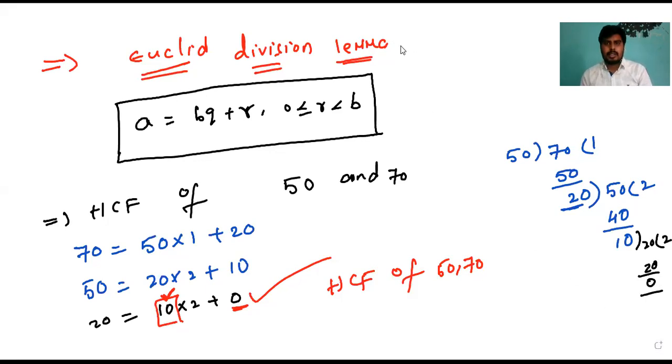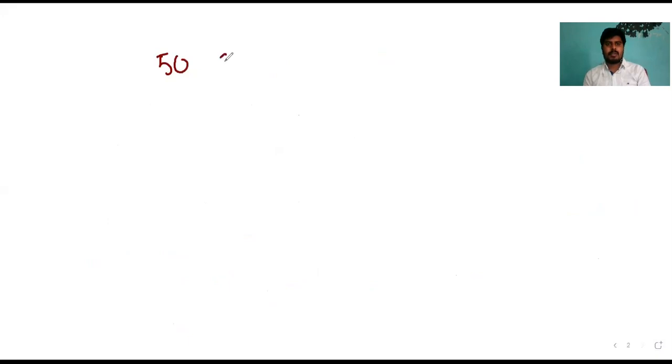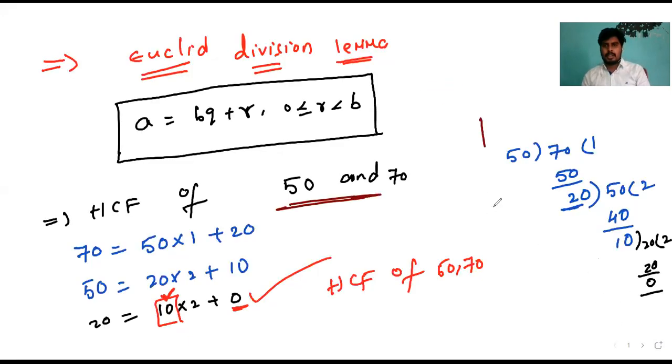Right now, to find the HCF of 50 and 70, we are using the Euclid division lemma. Okay, so take this as rough work. No need to write it in the examination point of view.